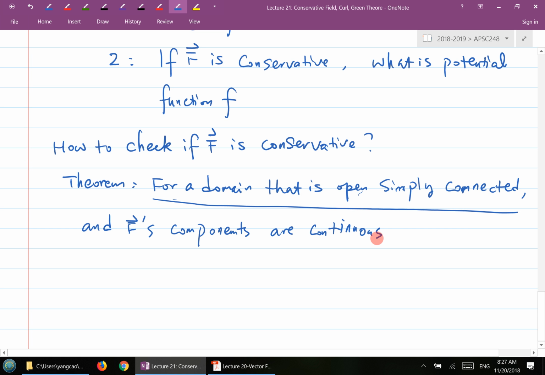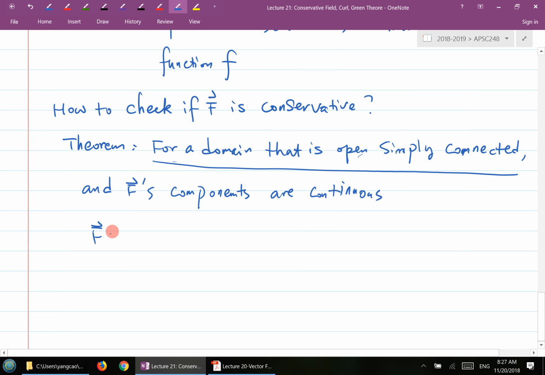We often take it for granted when we have a continuous function, we don't think about it. A lot of functions are not continuous. For example, 1 over x squared plus y squared is not continuous at the (0, 0) point. So this basically means the function's components need to be continuous within that domain, that region.